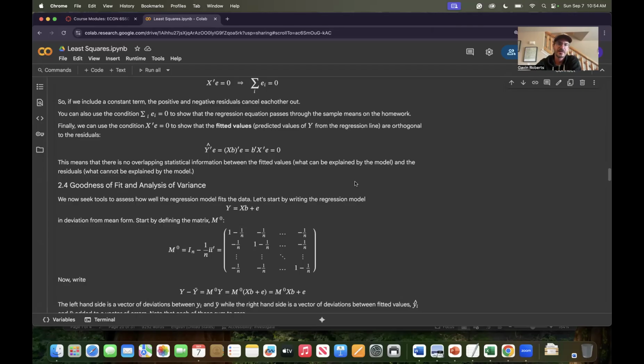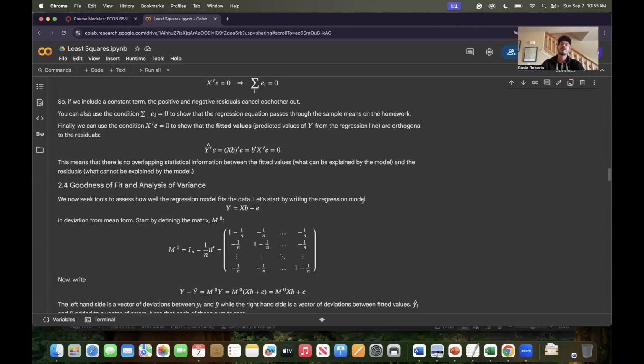Intuitively, and this is a more complicated statement, we're thinking about the fact that those are orthogonal, or uncorrelated is another way to think about that, meaning there's no overlapping statistical information between the errors and the predicted dependent variables, or between the statistical model we're using, which is defined by b prime x right here, and the error terms.